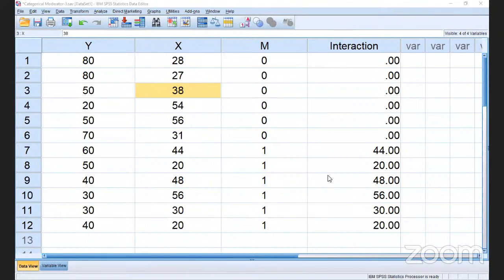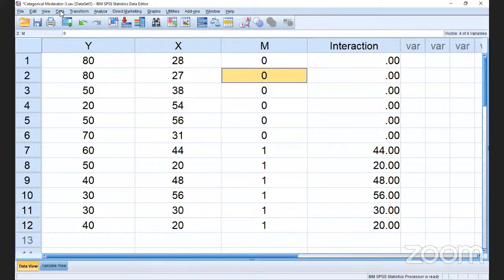Now I think you can see this table. Now I want to check the relation, the interaction term. We know that the interaction term is working, but we do not know whether it is working for low performer or high performer. So we will split the file. How to split the file?